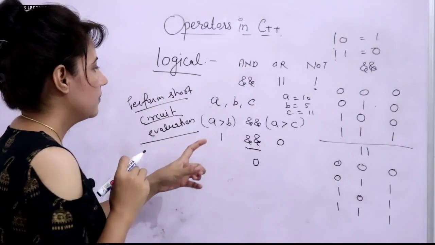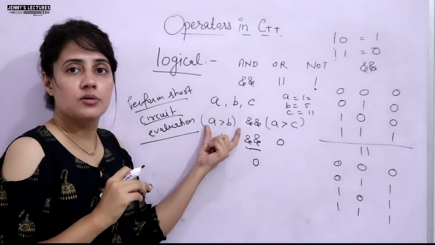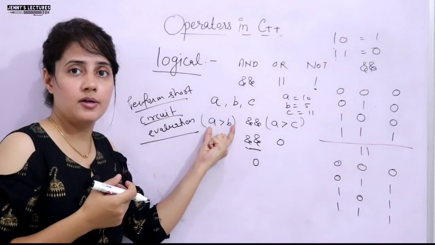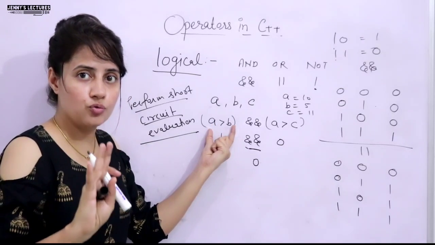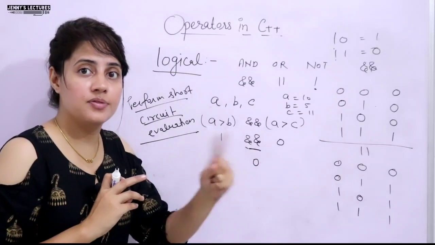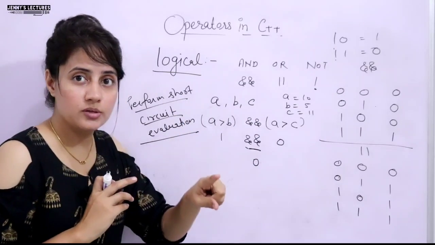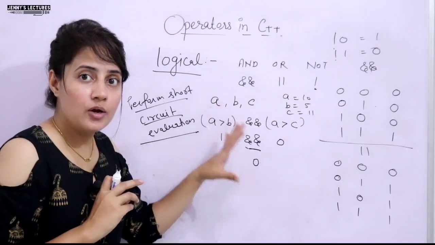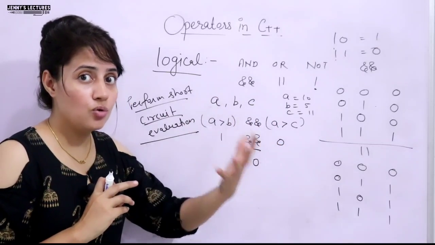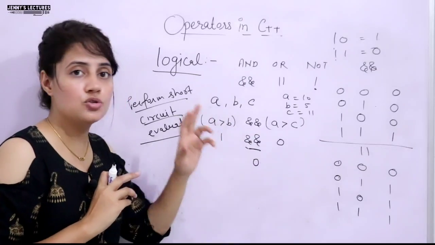If after evaluating the first operand the result is already known to you, then it will not evaluate the second operand. This is short circuit evaluation. They don't evaluate the second operand if the result is known after evaluating only the first operand.